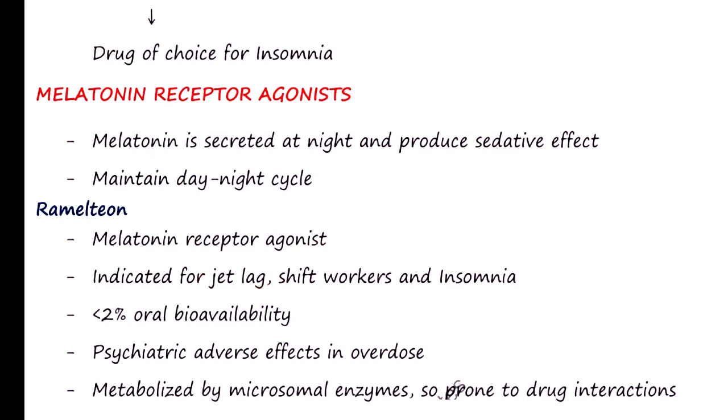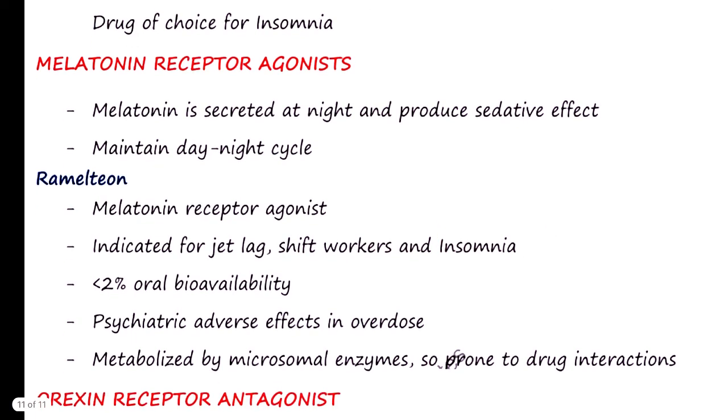To bring balance, melatonin needs to be produced at night of that country. So at night of that country we provide Ramelteon, and it will solve the jet lag problem. Similarly, it is used for shift workers and also in insomnia.